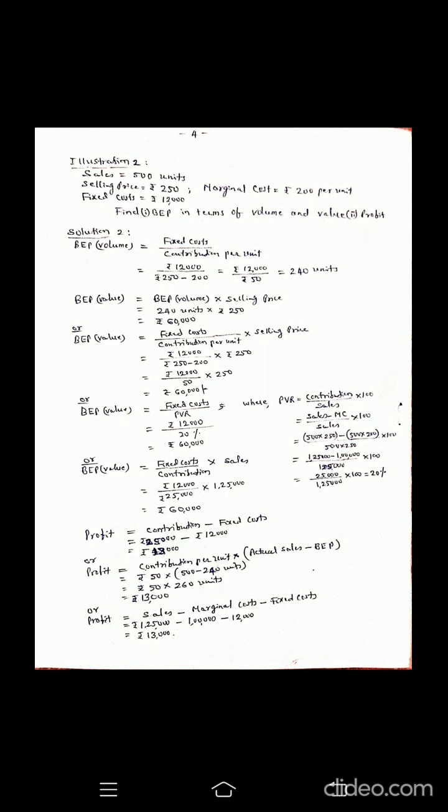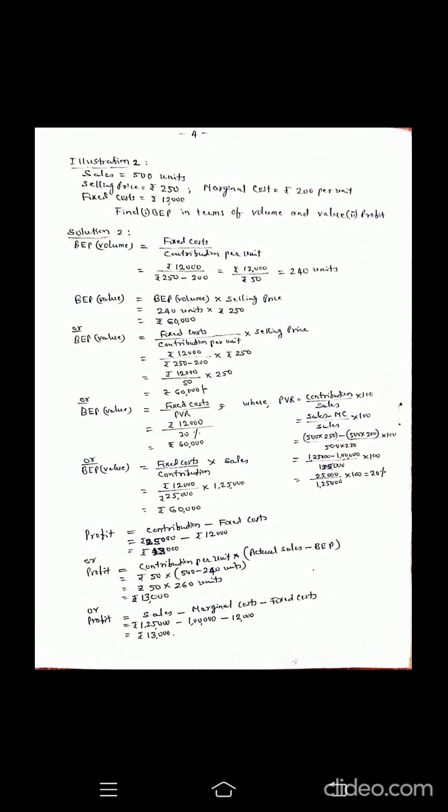The given information are sales 500 units, selling price rupees 250, marginal cost rupees 200 per unit, fixed costs rupees 12,000. Find BEP in terms of volume and value. Find also profit.